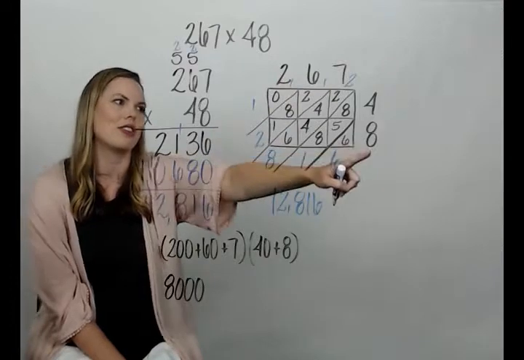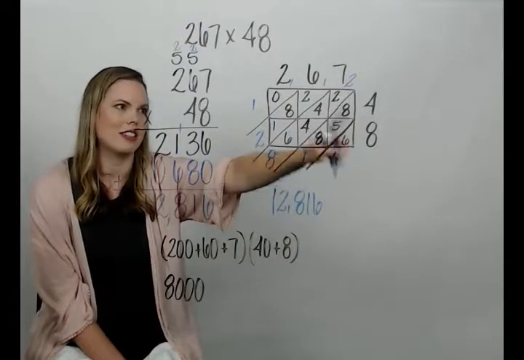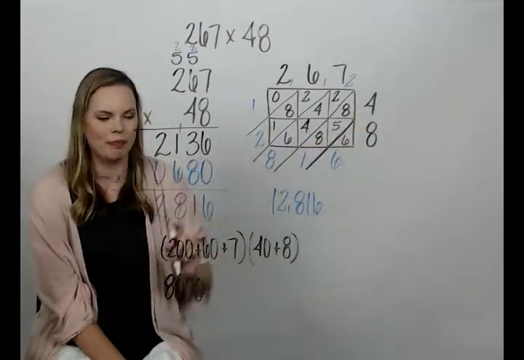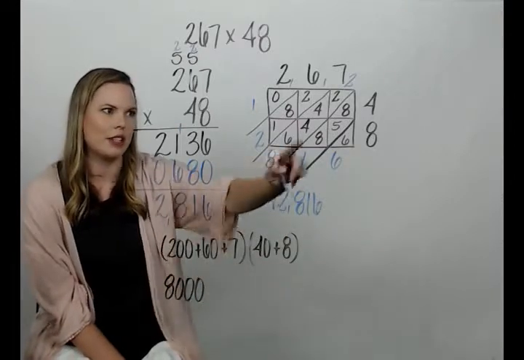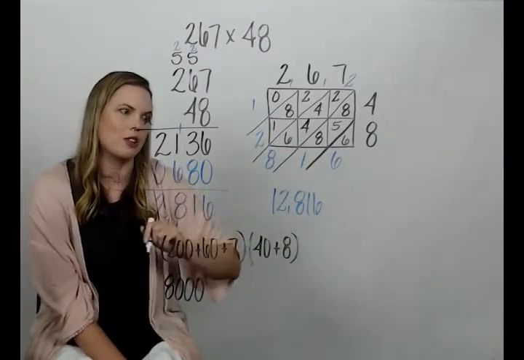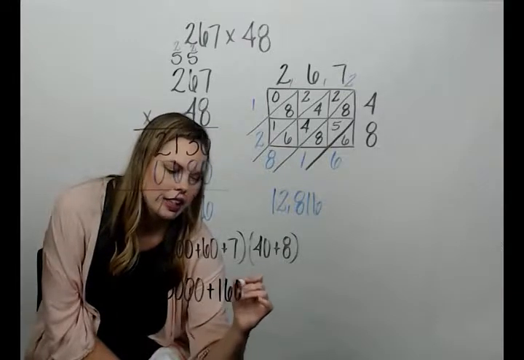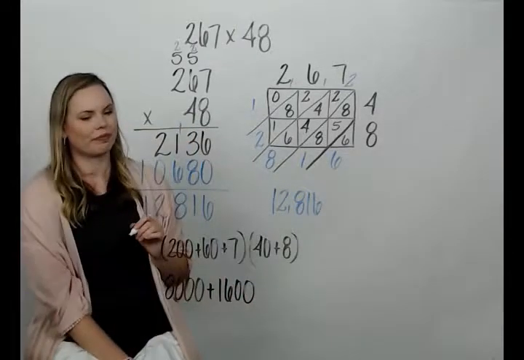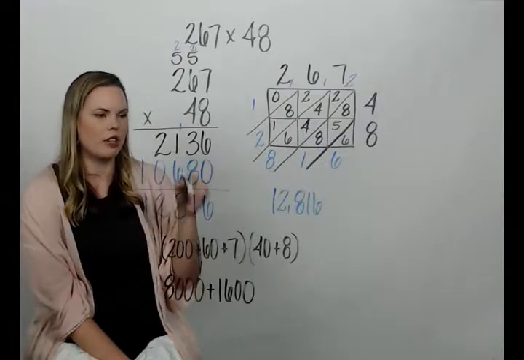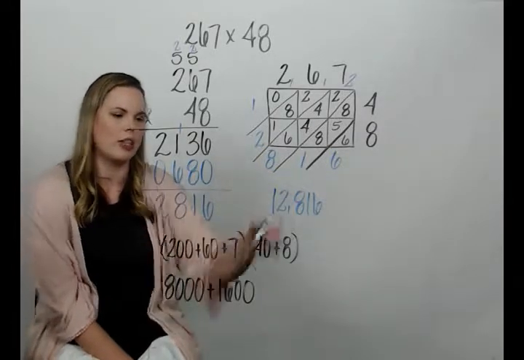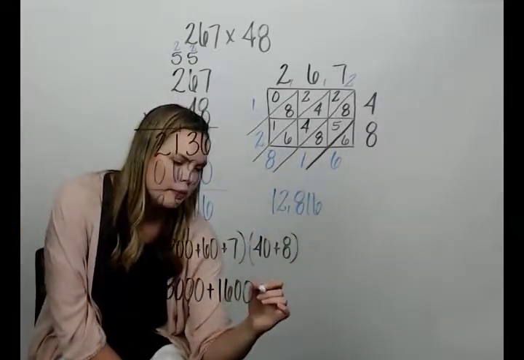The 200 times the 8, so, excuse me, 200 times the 40. Okay, 200 times the 8, that's going to be this box right here. It's going to be 1,600. Okay, so 200 to each number, and then 60 to each number, 60 times 40.